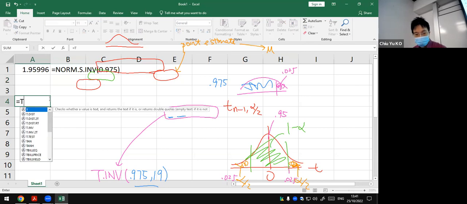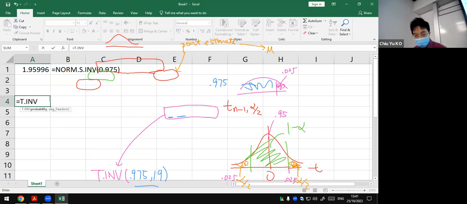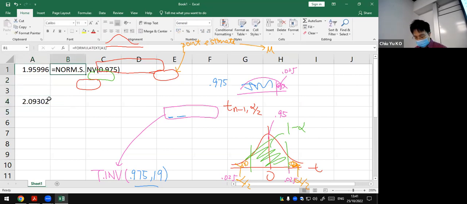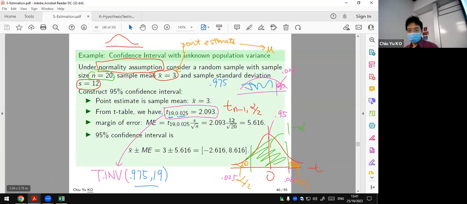T.INV, 0.975, degrees of freedom is 19. So that we have 2.09. So that is what is here.